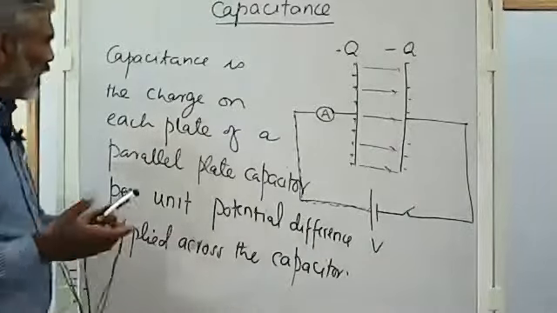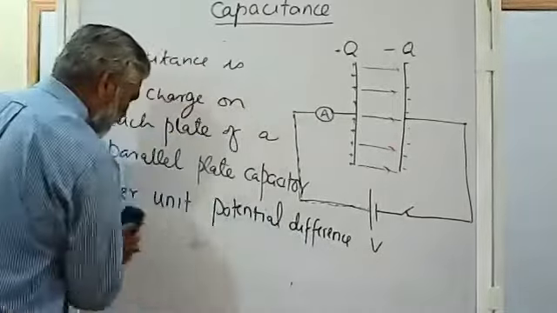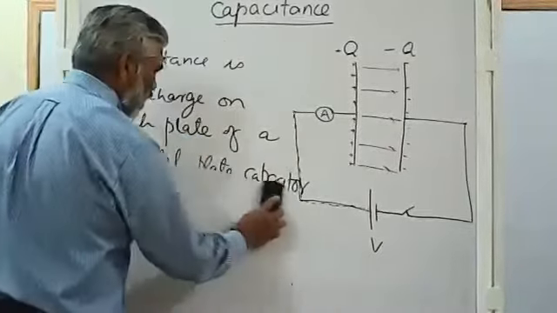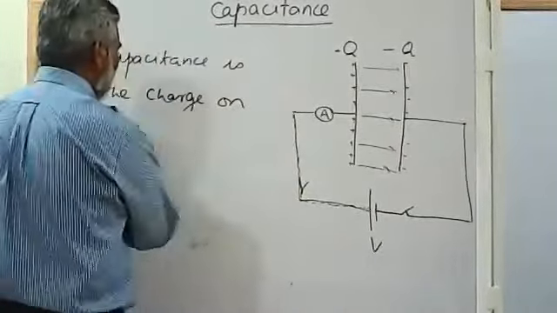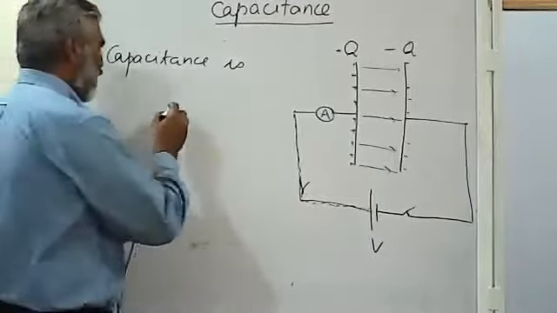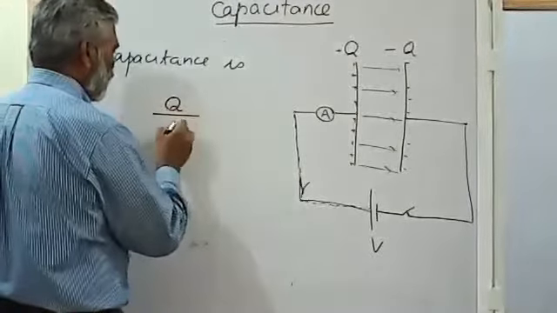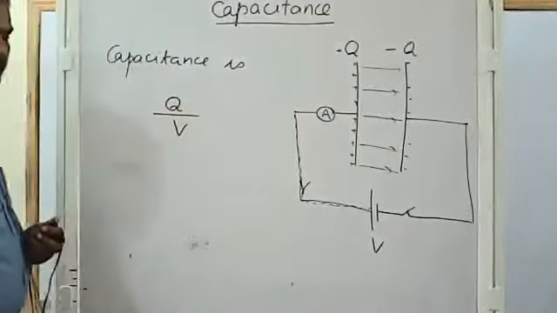So mathematically, capacitance is charge stored per unit potential difference applied to the two plates.